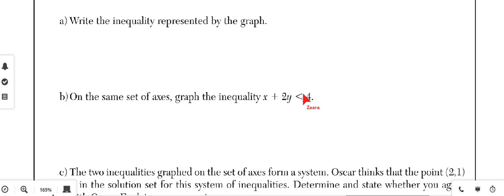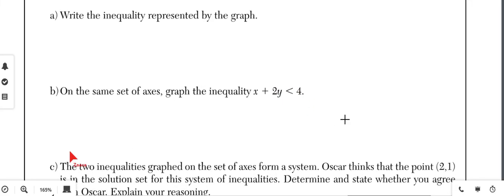Now write an inequality on the same set of axes. Graph this inequality. So let's write it again. 2x plus y is less than 4, so y is less than negative 2x plus 4?